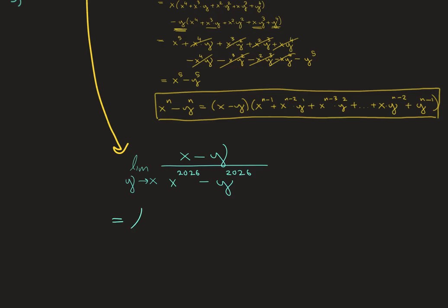But now we have a formula. This is equal to the limit as y approaches x of x minus y. It's going to be a mess in the denominator.